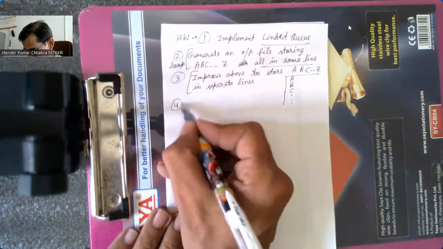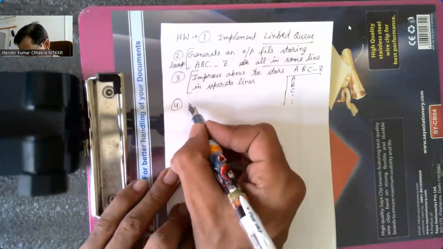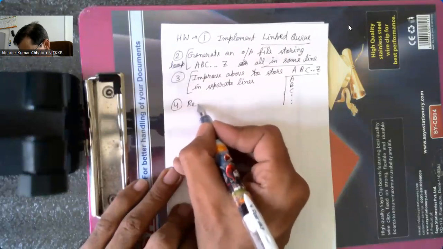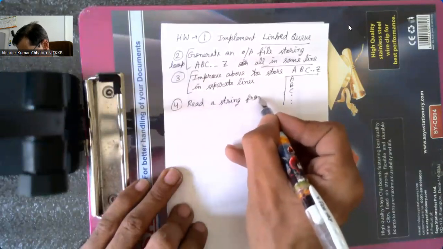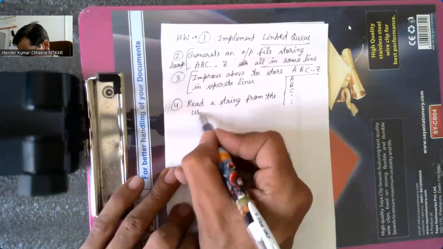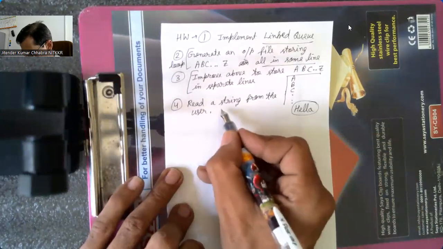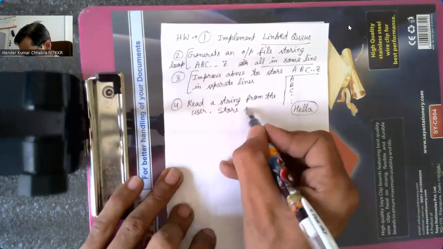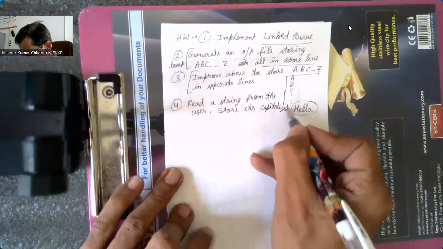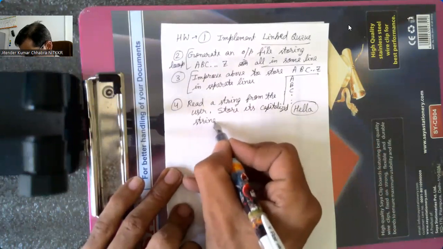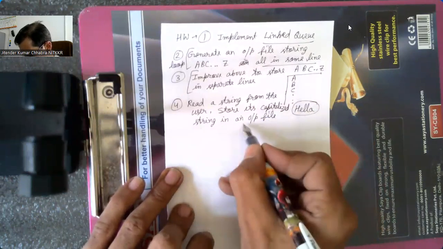Simple. Fourth, assume that you have some string to be read from the user. Read a string from the user, for example, user says HELLO. Store its capitalized string into an output file, and the output file name to be told by the user.